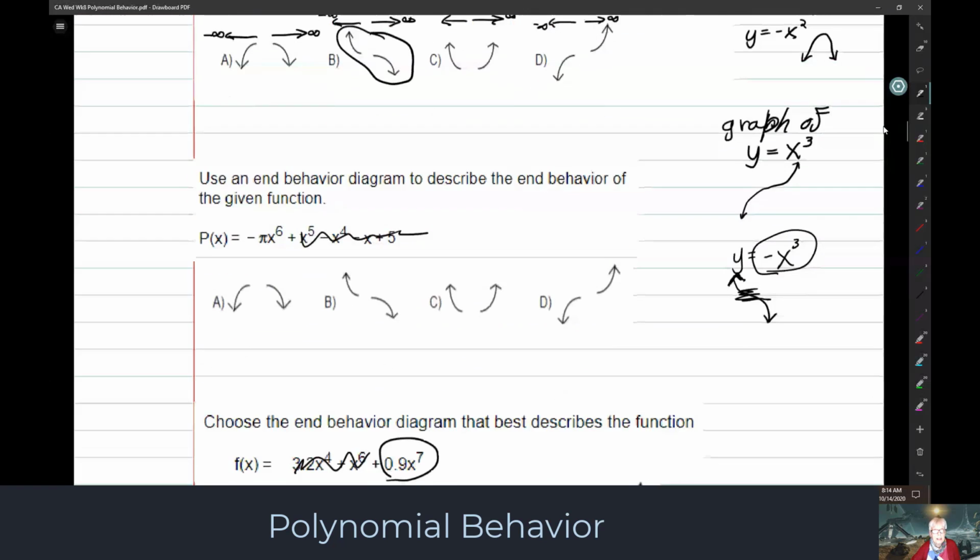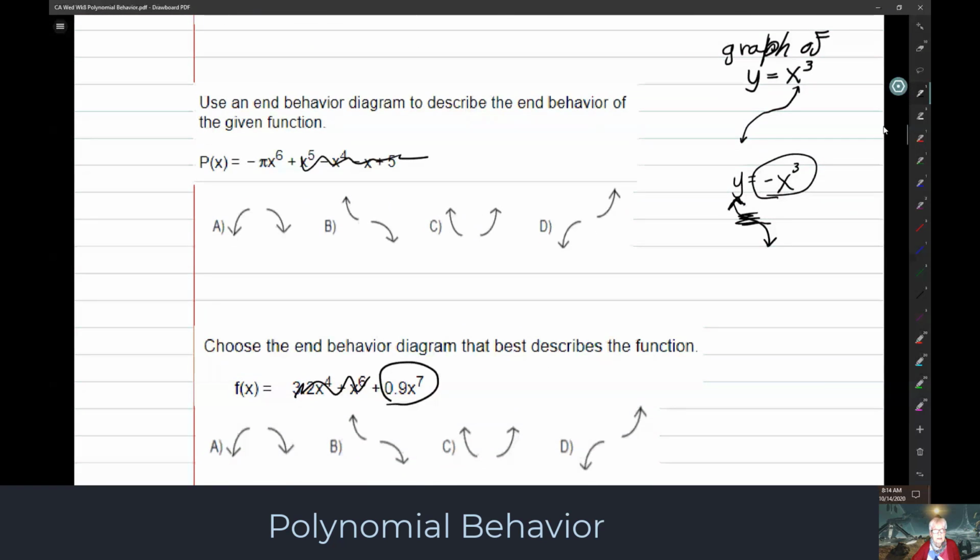Okay, so we'll look here. Here's the leading term, the highest degree term. This term, the leading term, the LT, is negative and of even degree.